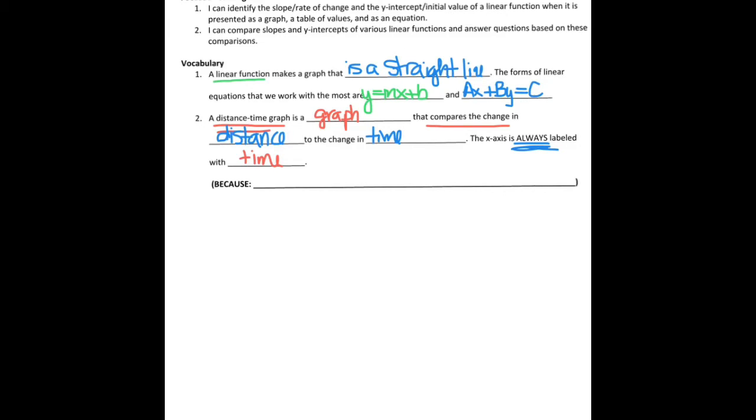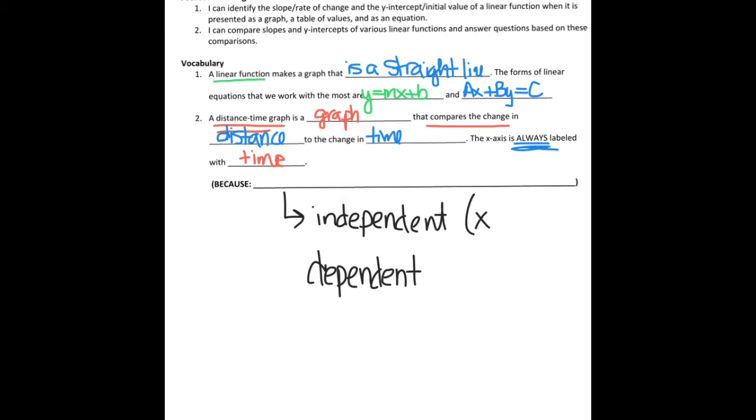Why? Not because Mrs. Bischoff told you. Why is the x-axis always labeled as time? Well, if you think back to when we learned about independent and dependent variables, remember that the independent variable is always the x-axis.